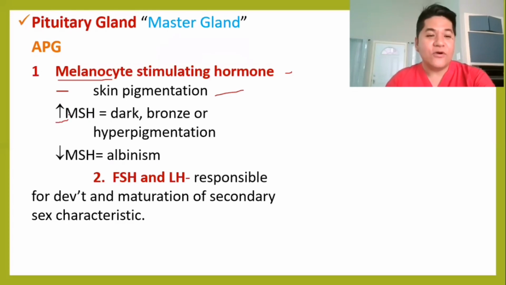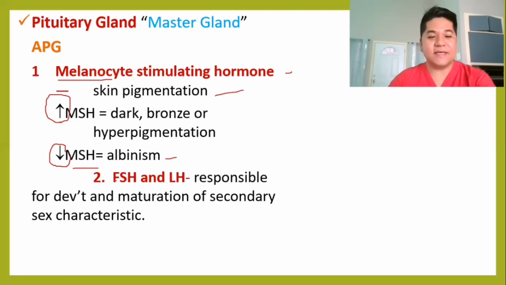Okay, now if the melanocyte stimulating hormone is increased, then your skin is going to get darker, bronze, or hyperpigmented. If your MSH decreases, then you're going to get whiter. So that's the difference between the two.